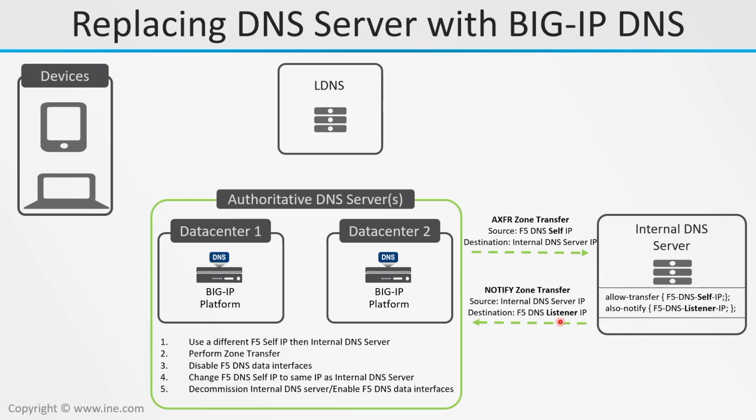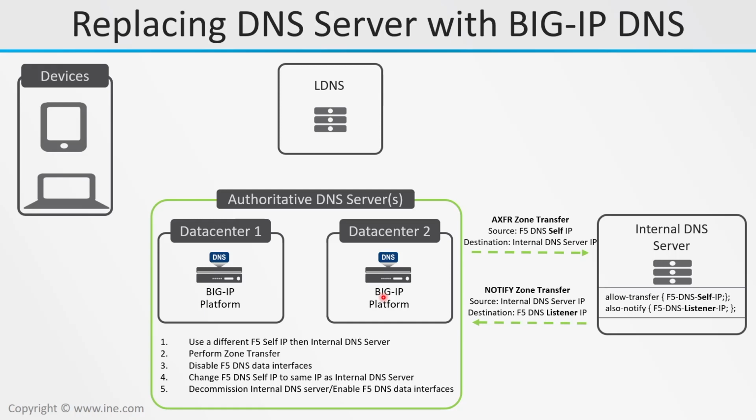Notice the source is the self IP address here, and then the destination is the listener address of the Big IP DNS platform. So there's a distinction there. A zone transfer request is basically taking all those records of an authoritative zone and copying over all the pieces of it to the Big IP DNS platform.